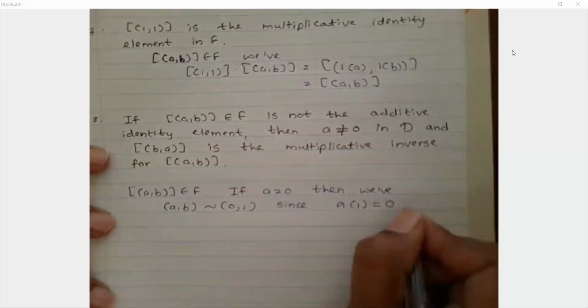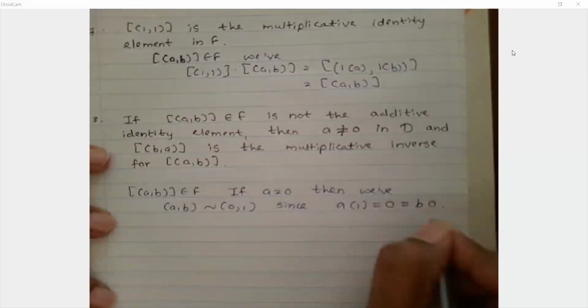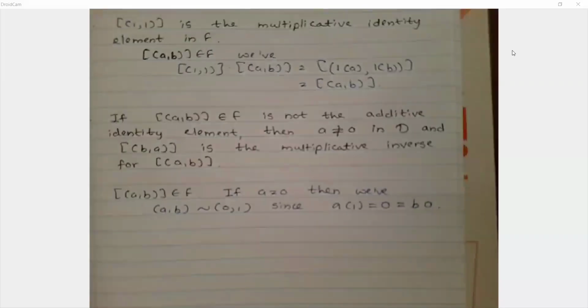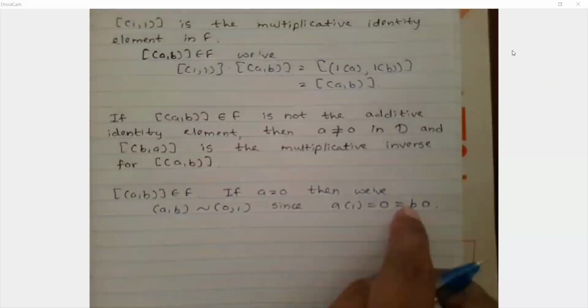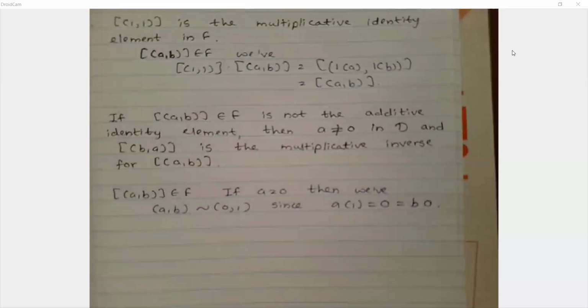And this is equal to B times 0, which is also 0 because we are multiplying this non-zero number by 0. Right? So A times 1 is equal to B times 0. Therefore, AB is equivalent to 0, 1 by definition of tilde.